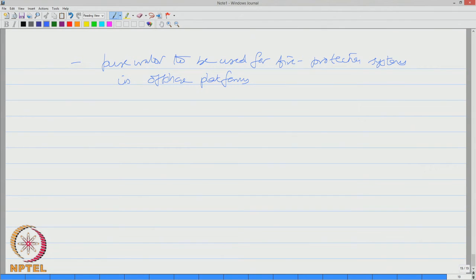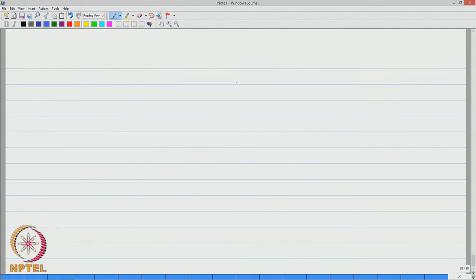Let us ask a question, what are the fundamental or let us say general design requirements of fire protection systems in offshore platforms.